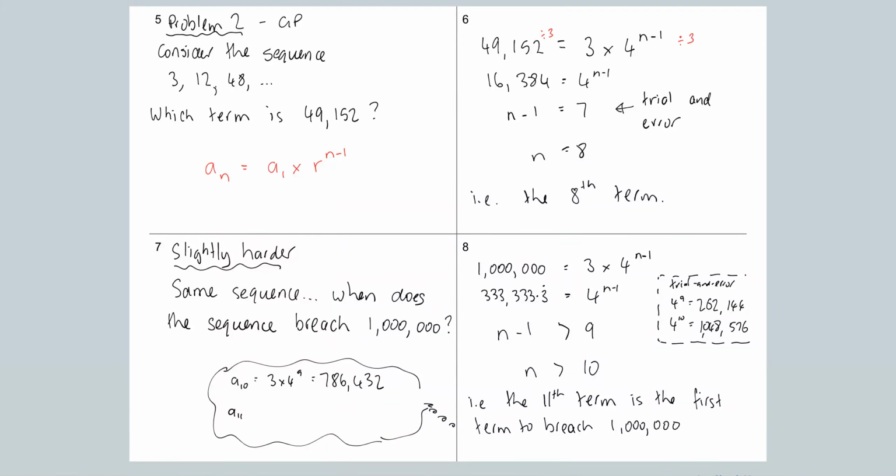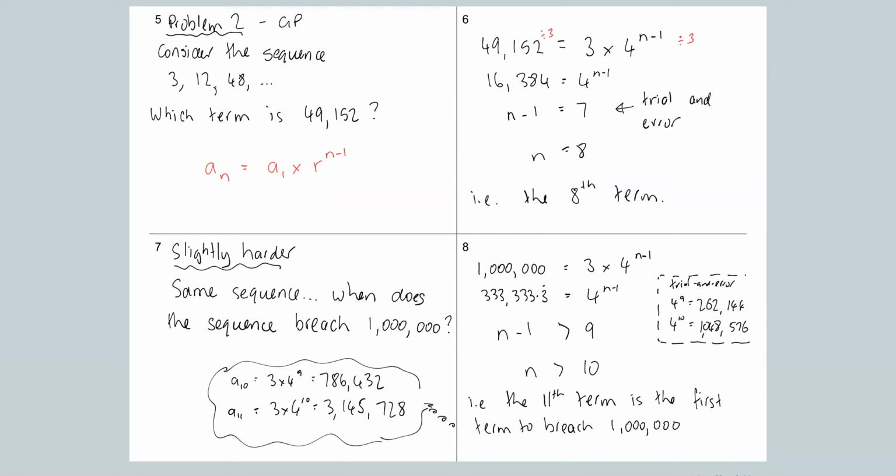And then A11, have a guess what that is. That would be 3 times 4 to the power of 10. And that's actually 3,145,728. So not only does it go over 1 million, it's massively, it's like 3 times 1 million. But nevertheless, the 10th term's not there yet.